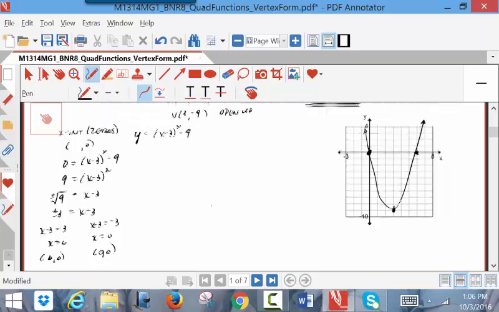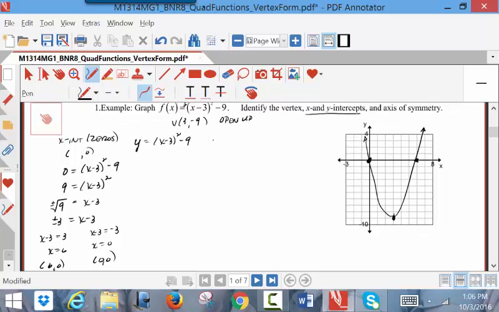Now the other thing this one does ask is it also asks for the y-intercept. Well, the y-intercept is the point where the x value is 0. So going back to my equation, I put y equaling 0 minus 3 squared minus 9, which is y equaling a negative 3 squared minus 9, which is y equaling 9 minus 9, which is a y value of 0.